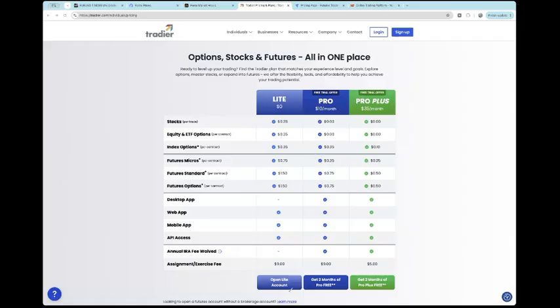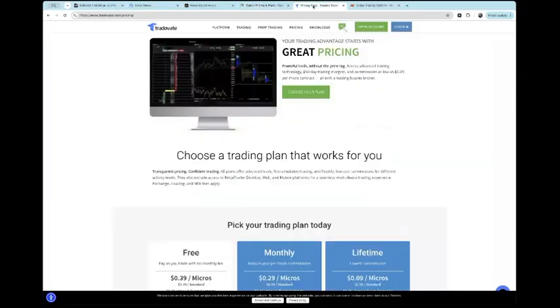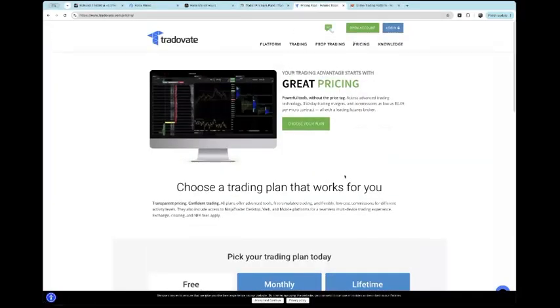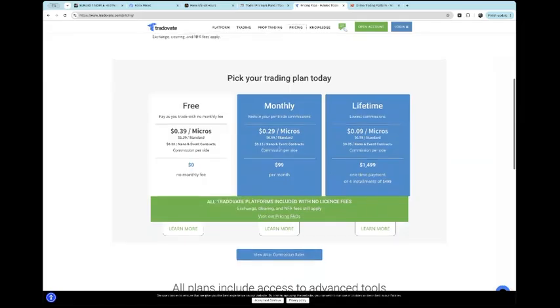So this is not very expensive, what you have to pay per lot. This is another broker, Move On pricing, and again the micro contract is 0.29, and 0.99 is the standard. This is the free one, okay, don't go with this one.